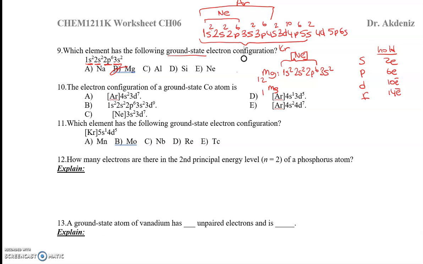So the configuration for magnesium will be neon, which we know is 10 electrons, and additionally we get 3s2. Why are we doing this? Because some atoms have a lot of electrons, so it's easier to write down using a noble gas.